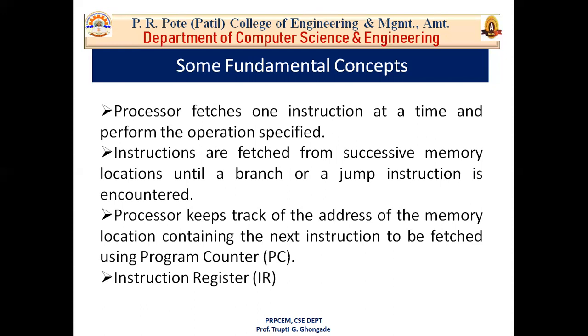For example, initially your PC is pointing to instruction number 1. After fetching that instruction, your program counter will increment and point to the next instruction to be fetched. So by using the program counter, your processor keeps track of the address of the memory location, and once the instruction is fetched, it is loaded into the instruction register.